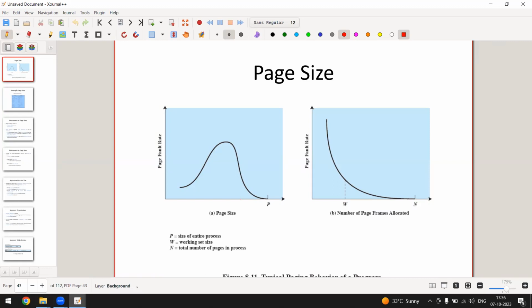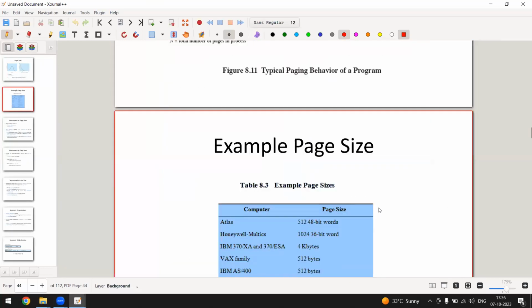Similarly, the second parameter we have seen was page fault rate versus number of frames allocated. If the number of page frames allocated to the process is smaller, then page faults will be high. But as you increase the number of page frames allocated to the process, eventually the page fault rate will drop and reach 0.